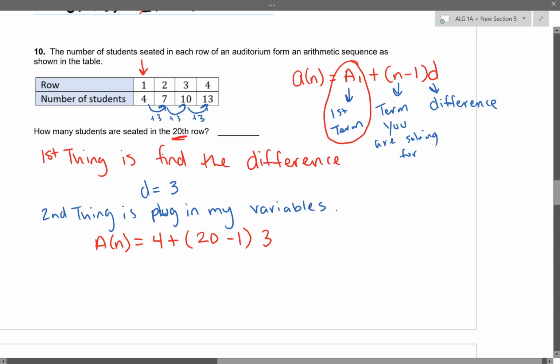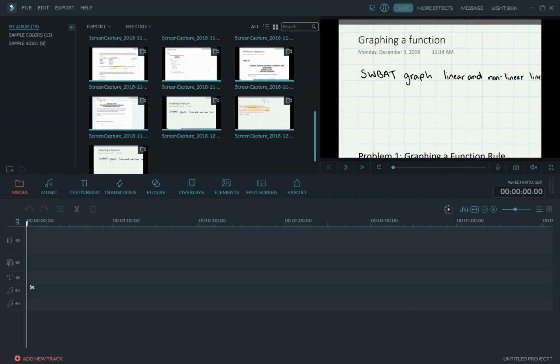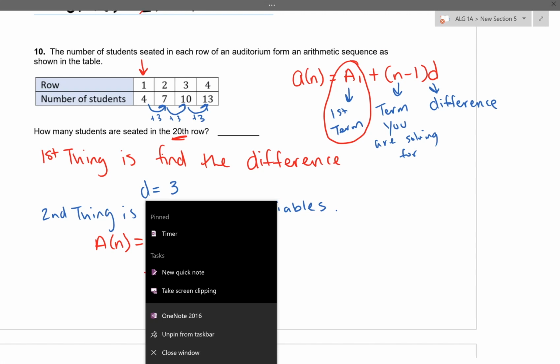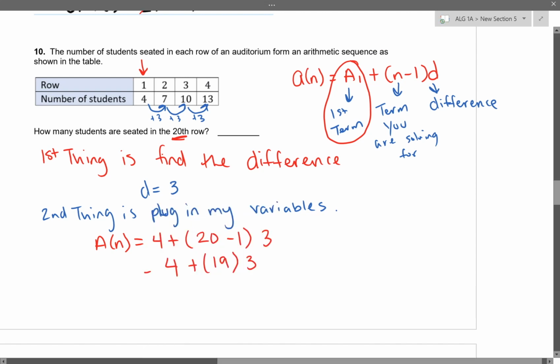So now I need to solve this. First thing I need to do is parentheses. 20 minus 1. 20 minus 1 is 19. And then let's drop everything else down.